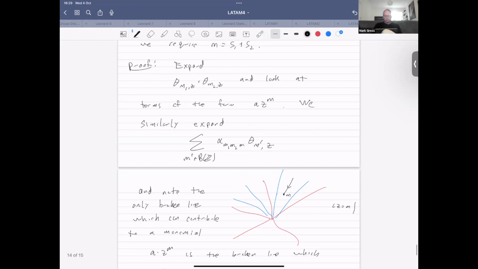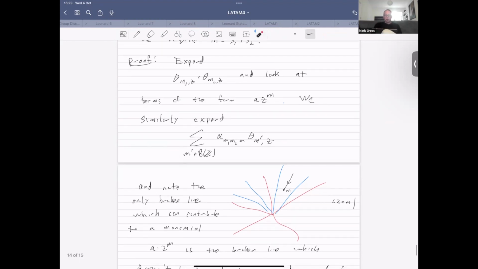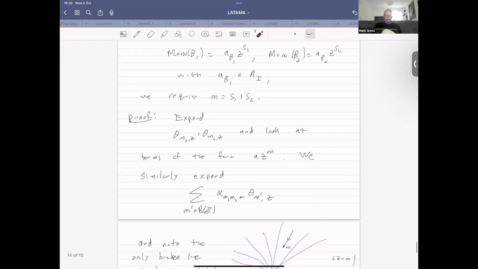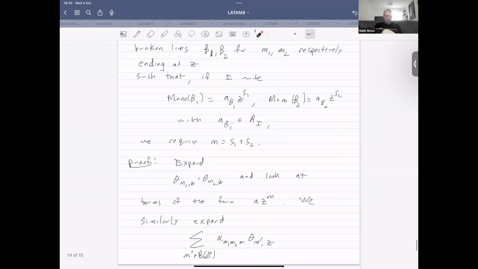So if you compare the two sides, on the left-hand side, if we expand this in terms of broken lines, you get a broken line beta 1 for m1 and a broken line beta 2 for m2. And in order to get a term a z to the m, the last monomials have to behave like this.